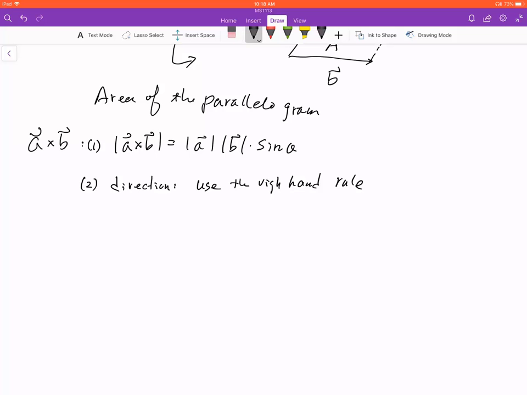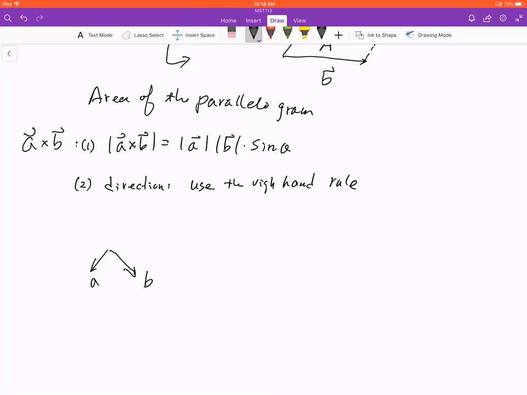You have A vector over here and B vector over here, and you try to curl your fingers from A to B. You curl your 4 fingers this way, and then the direction of your thumb points to the direction of A cross B. But you have to imagine this is in dimension 3. So this direction is going to come out of the screen.